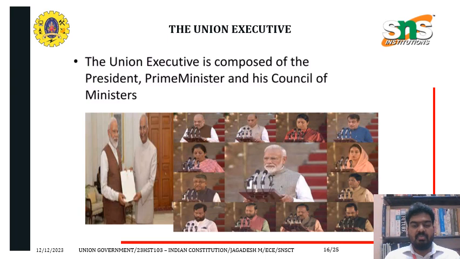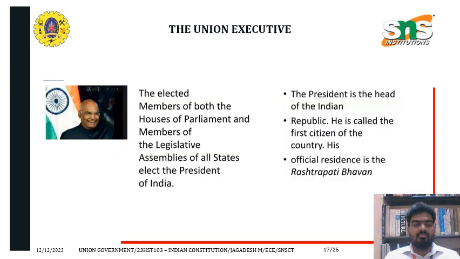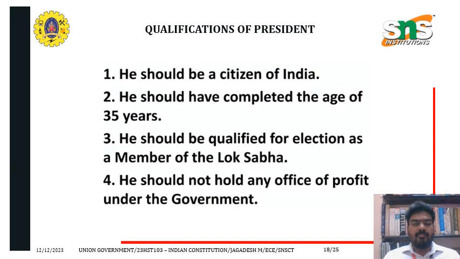That is pictured here. In the union executive, the elected members of both houses of parliament and members of the legislative assembly of all the states elect the president of India. The president is the head of the Indian republic. He is called the first citizen of the country. His official residence is Rashtrapati Bhavan.